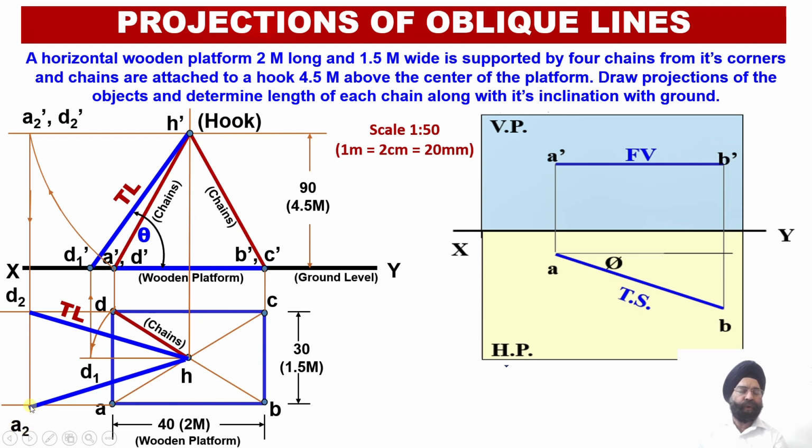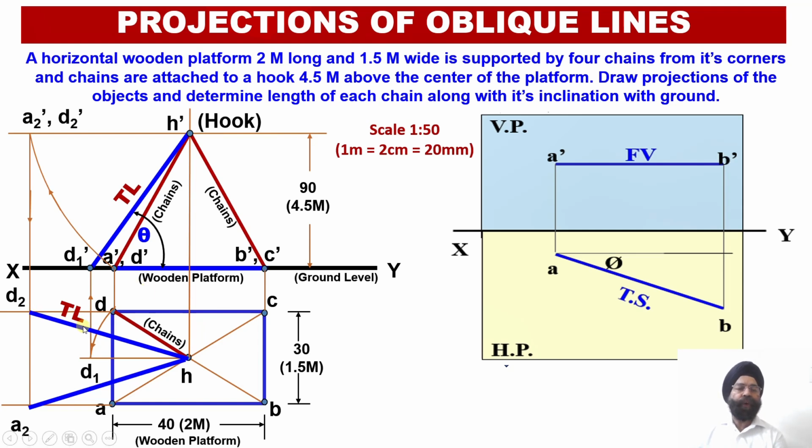So point A2 is located over here, point D2 is located over here. Having located these 2 points, we can join the true length corresponding to this chain in the plan, that is HA2 and HD2. So HA2 is the true length of the chain corresponding to the chain HA, while HD2 is the true length corresponding to the chain HD.